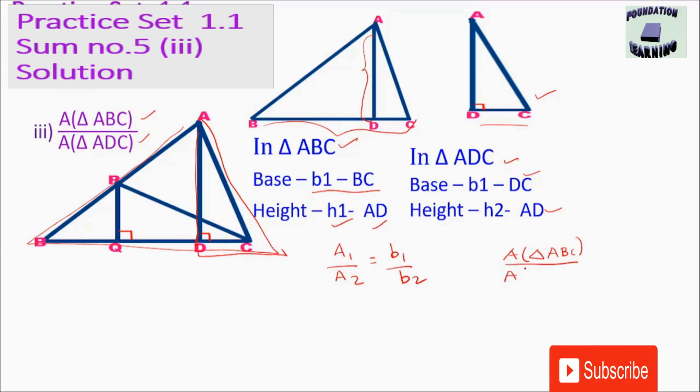Area of triangle ADC, which is equal to, what is B1? B1 is BC and this should be B2. What is B2? B2 is DC. So final answer is BC upon DC.